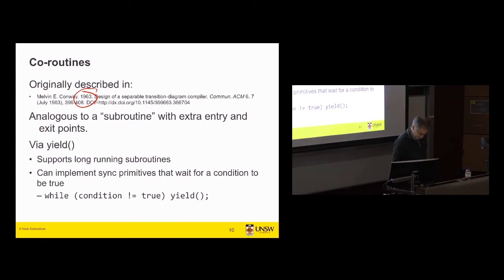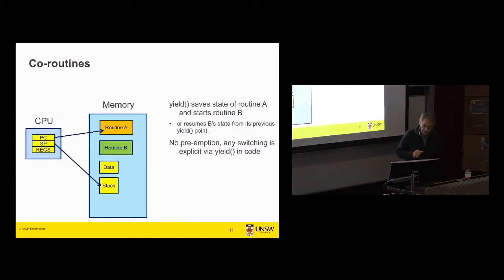So, here we have our model again. Yield ends up saving the state of a coroutine and starts running a different coroutine.